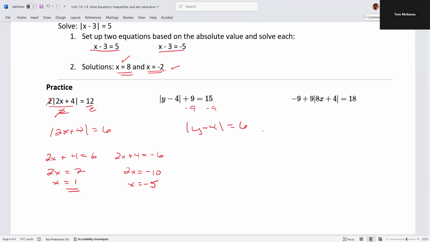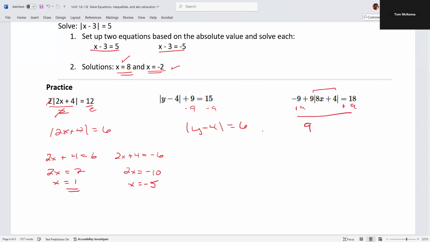Here's about as complicated as we'll probably make it. We've got a few things to do first. We've got to go ahead and get rid of the negative 9 first. We want to isolate this absolute value. Think of it as just a variable that you would isolate. And so the order would be we get rid of what's added or subtracted first. So we would add 9 to both sides.